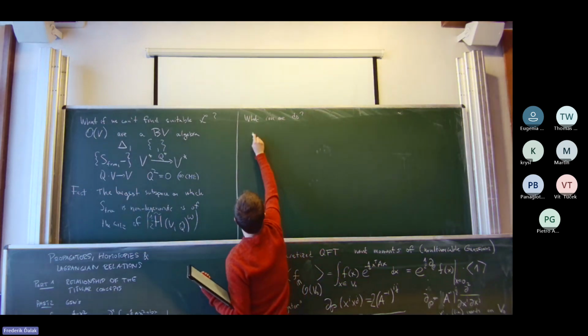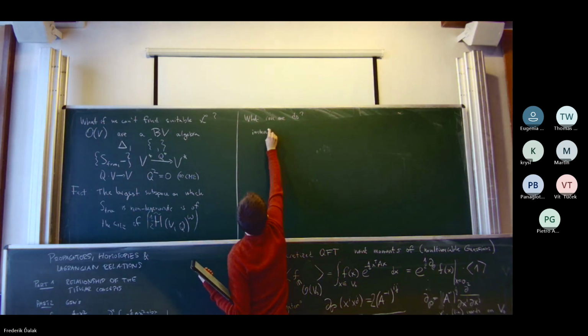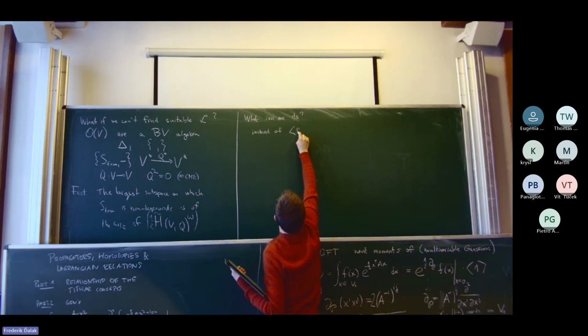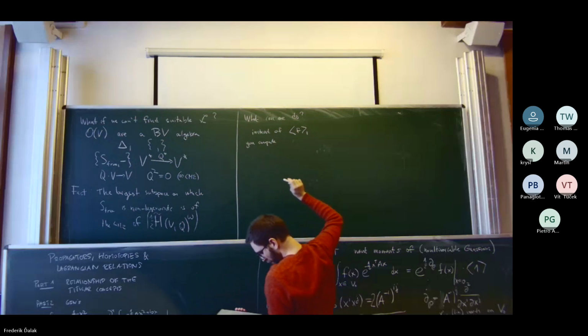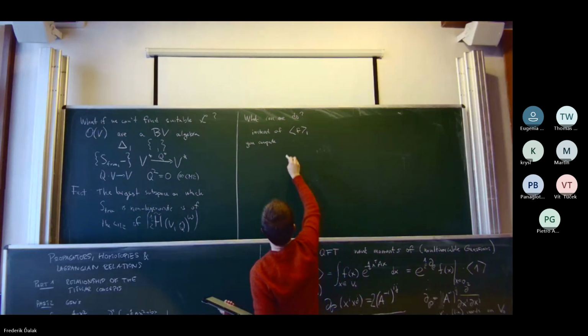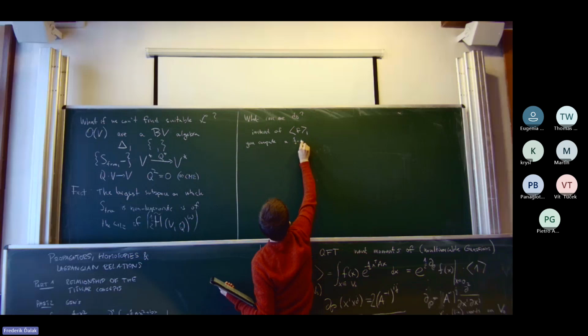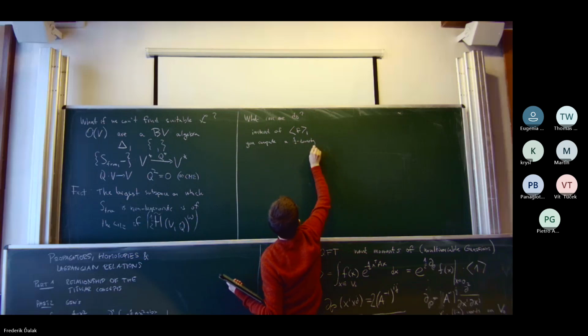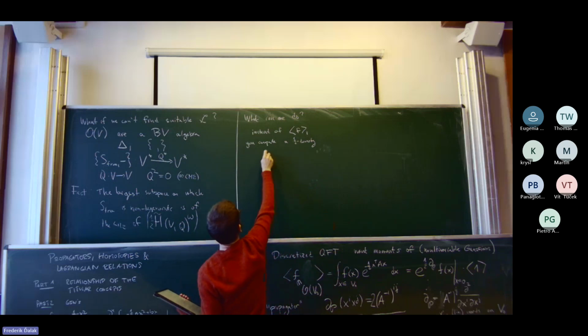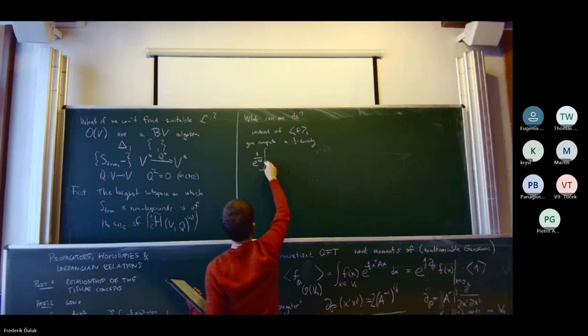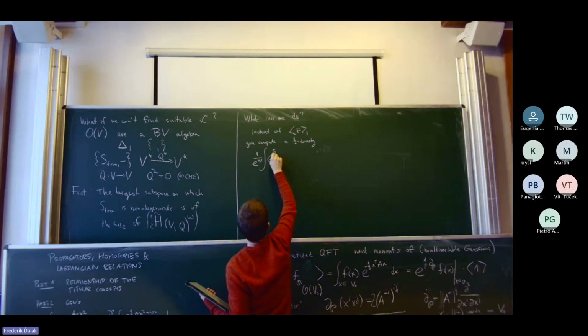So instead of the expectation value of F, you compute a half density, and what you do is the integral of e to the i, with a normalization.